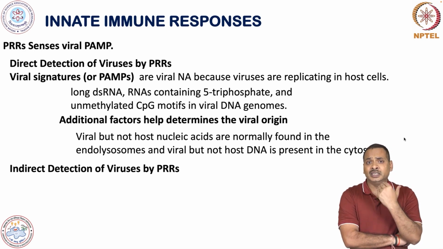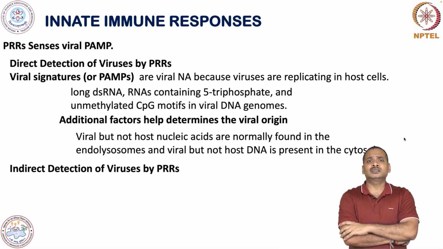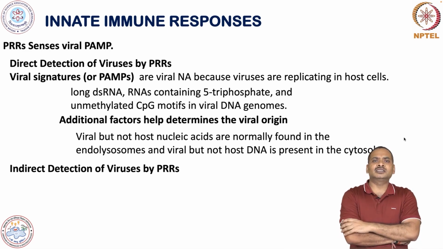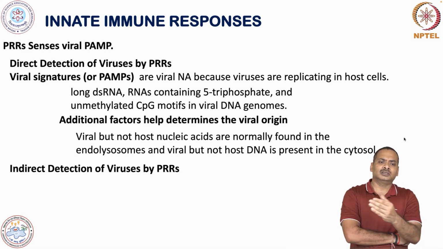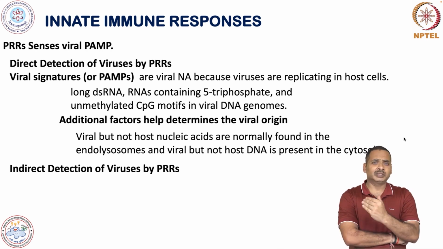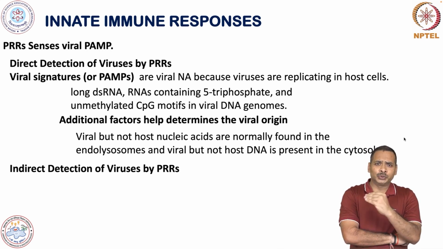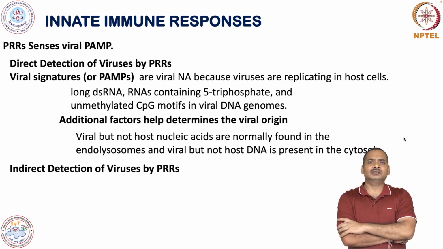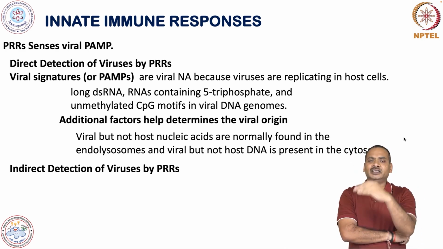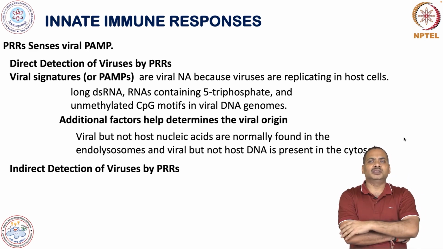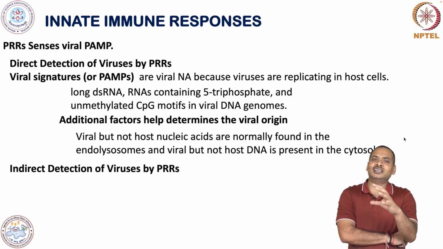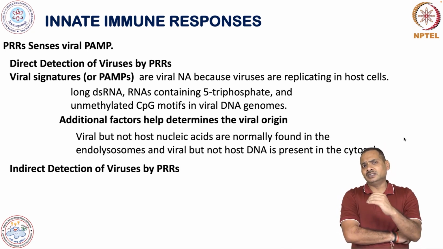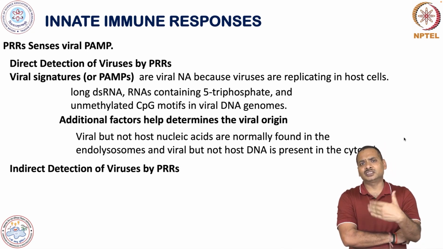There is also indirect detection of virus by pattern recognition receptors. This indirect recognition is based on the fact that viruses hijack the host cellular machinery, and when they hijack it and make their own copies, the cell is under stress, and there will be stress responses.